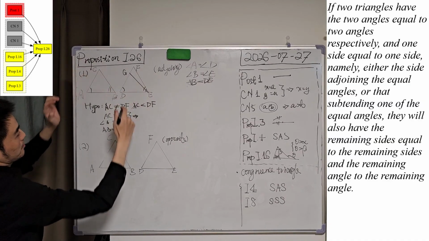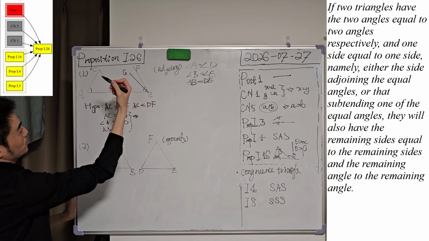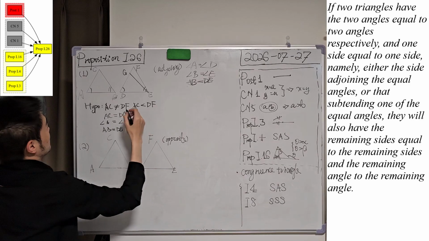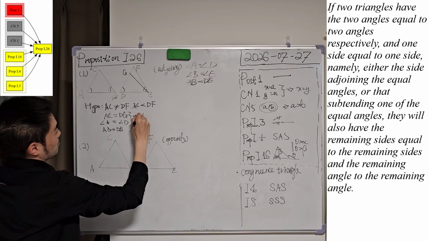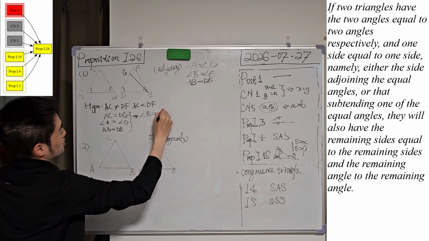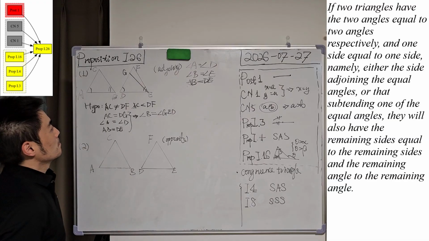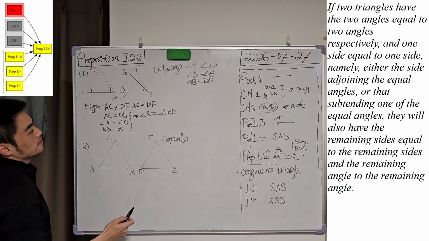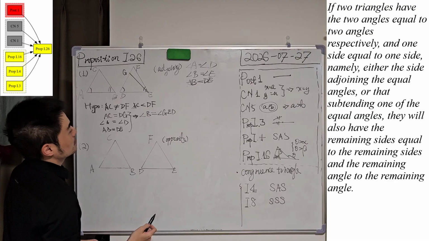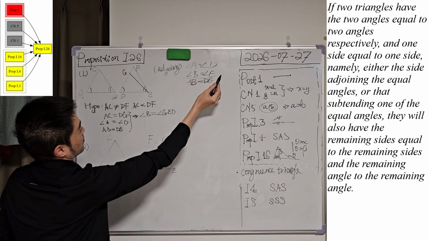So these two triangles are equal: ACB equals DGE, which means angle B is equal to angle GED. But we have already known that angle B is equal to angle E.